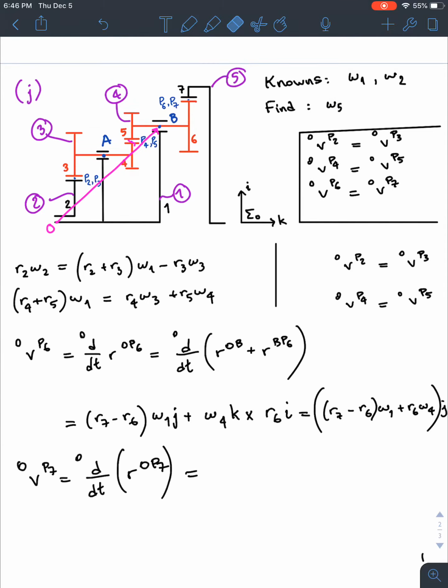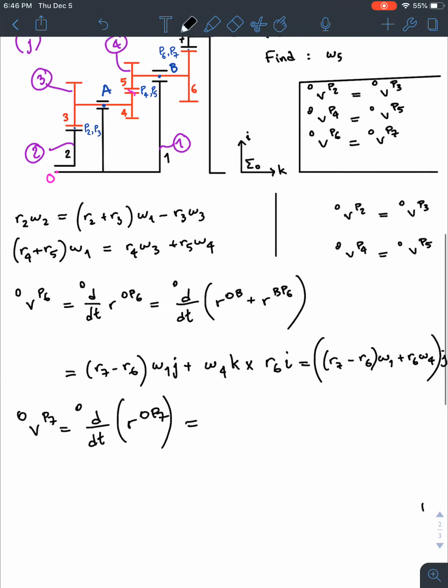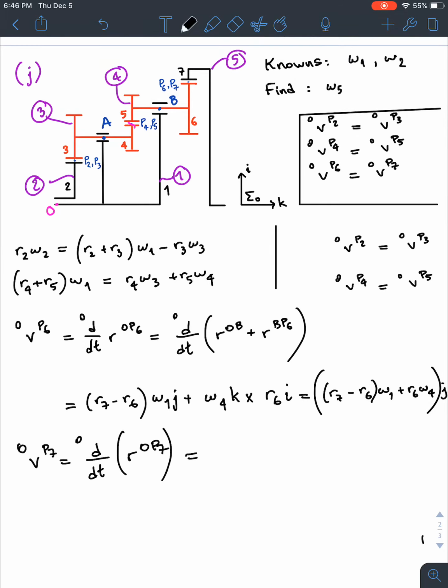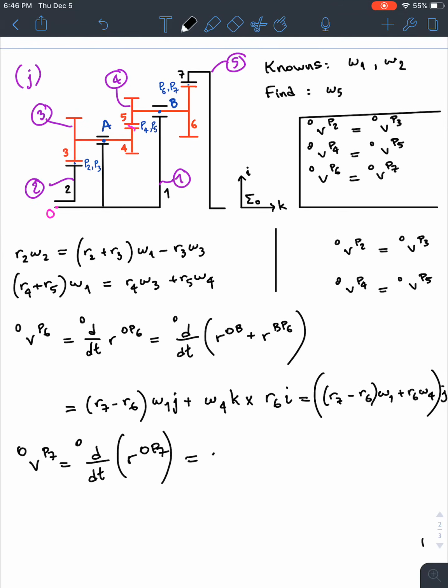And that vector is fixed on the 5th rigid body. So it's going to be using differentiation in 2 frames formula, omega 5k cross R7 in the I direction, which is going to give you R7 omega 5 in the J direction.